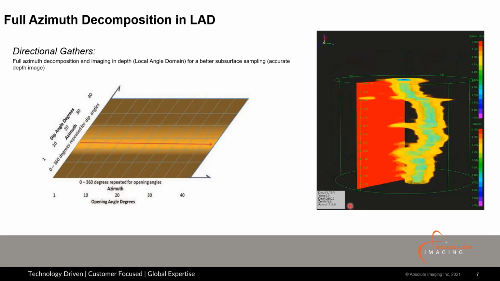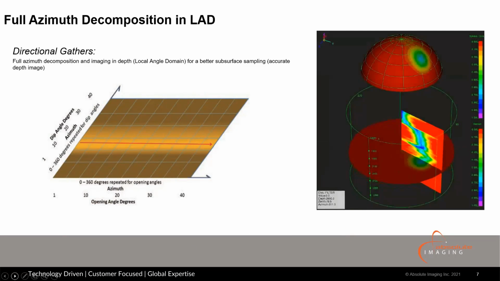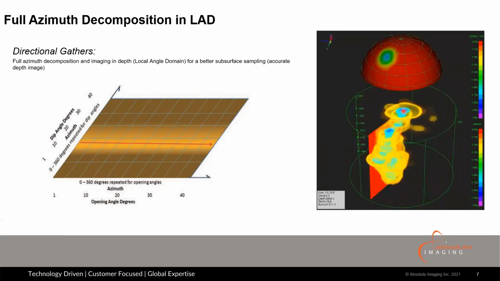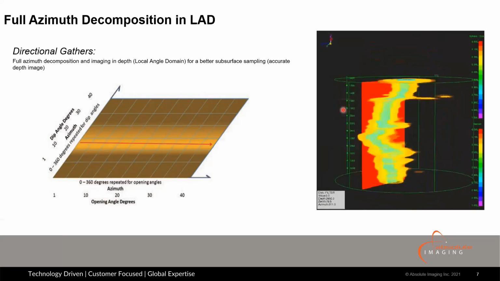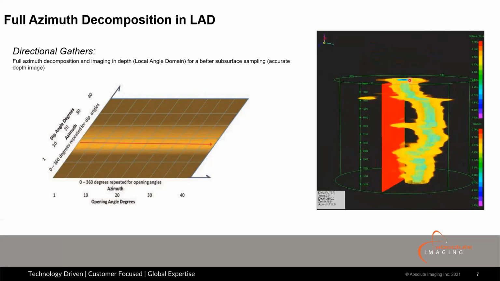And out of that, you can represent these directional gathers, where the radius of this cylinder is the dip, where a dip of 0 is in the middle and the edge of the cylinder is the maximum dip, and the slice of that is the azimuth.